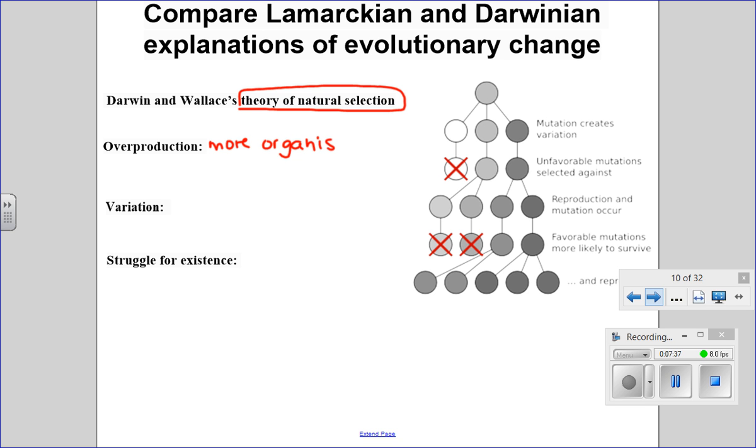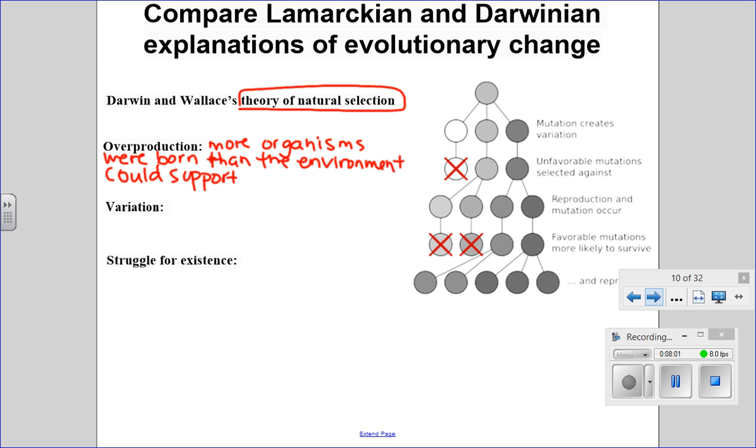And so Darwin saw that more organisms were born than the environment could support. Now this is true for basically every species except maybe our own.